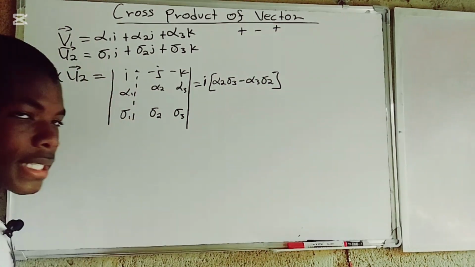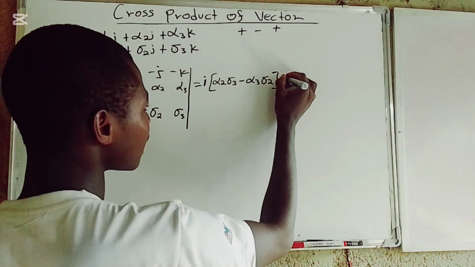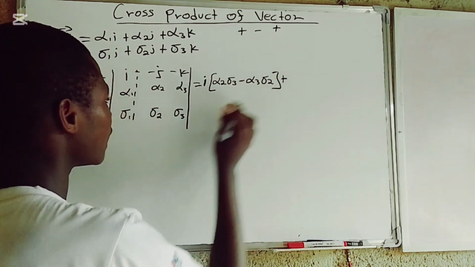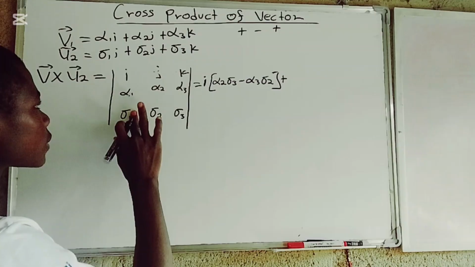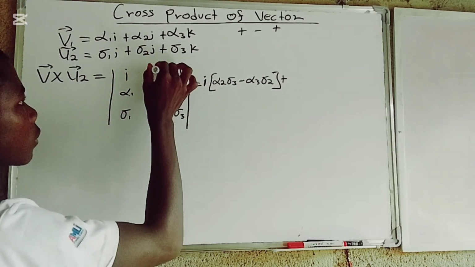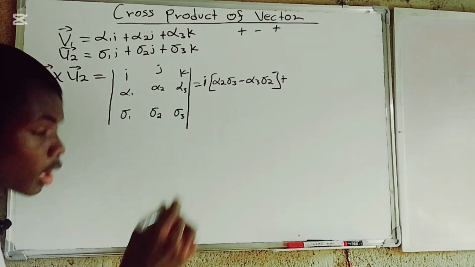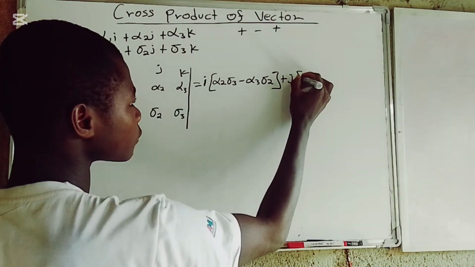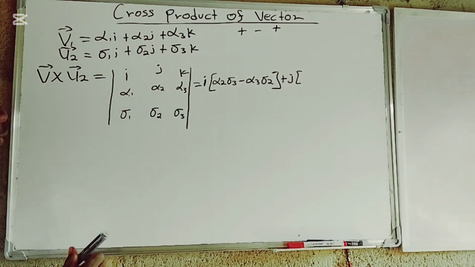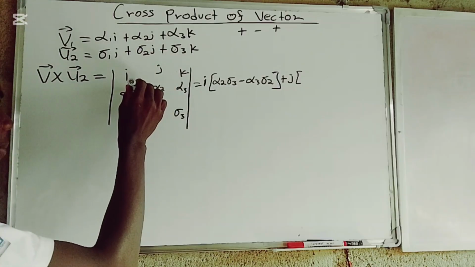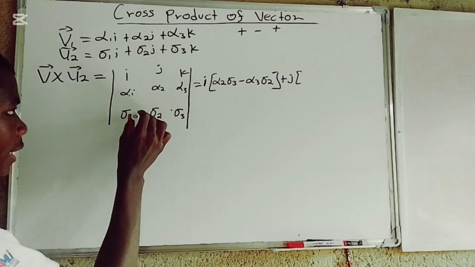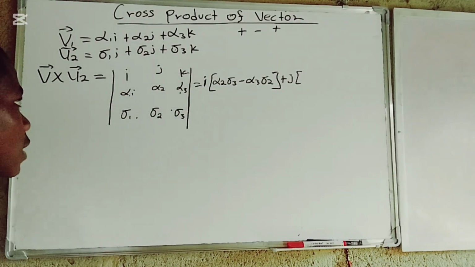So the next thing, I have to say plus, then I'll put j. I'll delete this line that I put. And then I'm looking for the j. As you can see, if I'm looking for j, I will delete this and delete this. I'm only left with these four, just like a matrix.